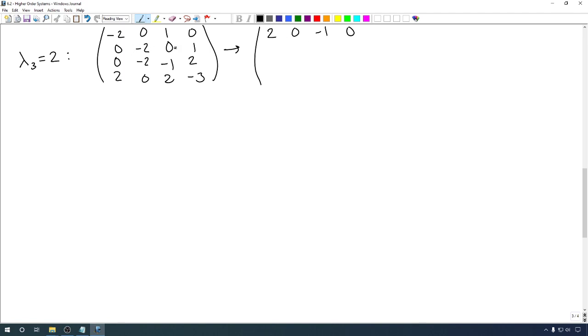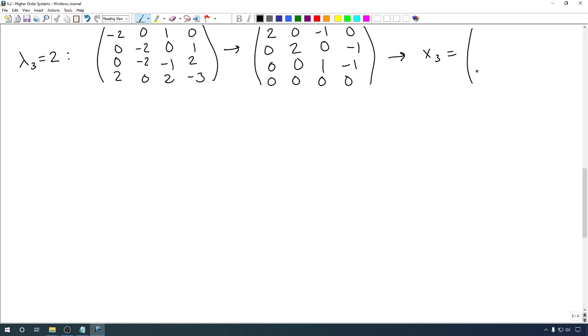Go ahead and multiply this first and second row by -1. I'm not going to divide them by 2, just leave the 2's as they are. We will again get a row of all zeros, and then here we're going to get a 1, -1. That means we get an x3.